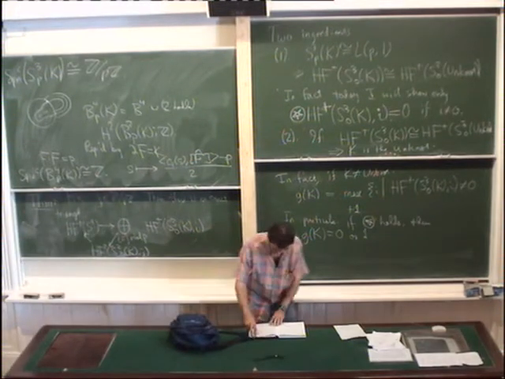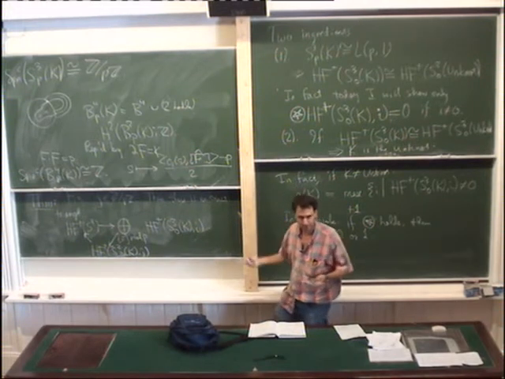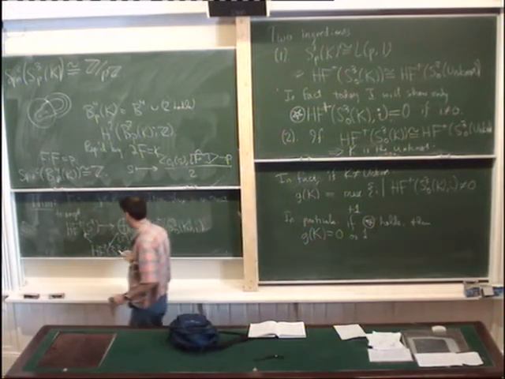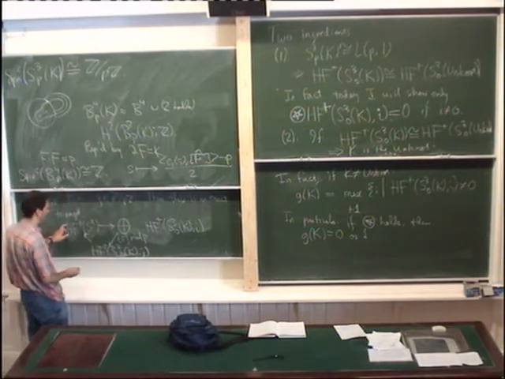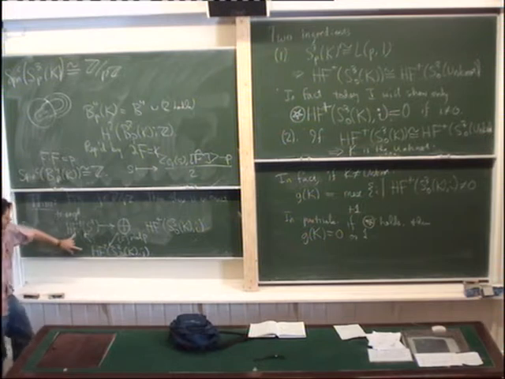Okay, so the proof is basically the same as the proof before, but I want to say something important about this map from the P surgery to the zero surgery.